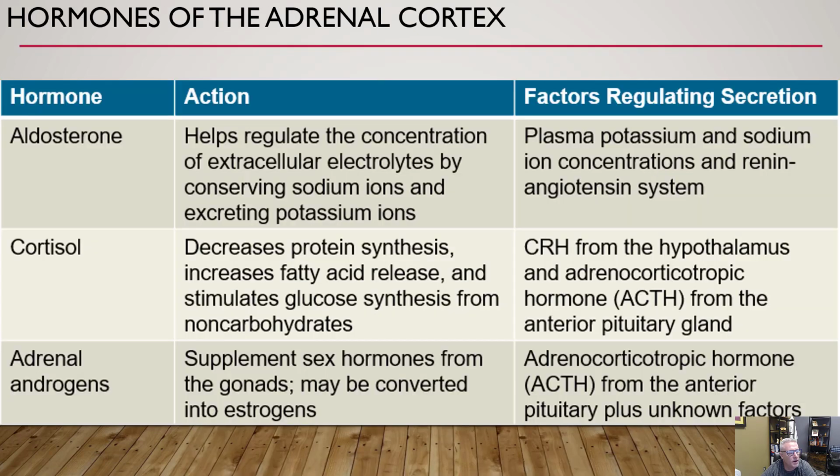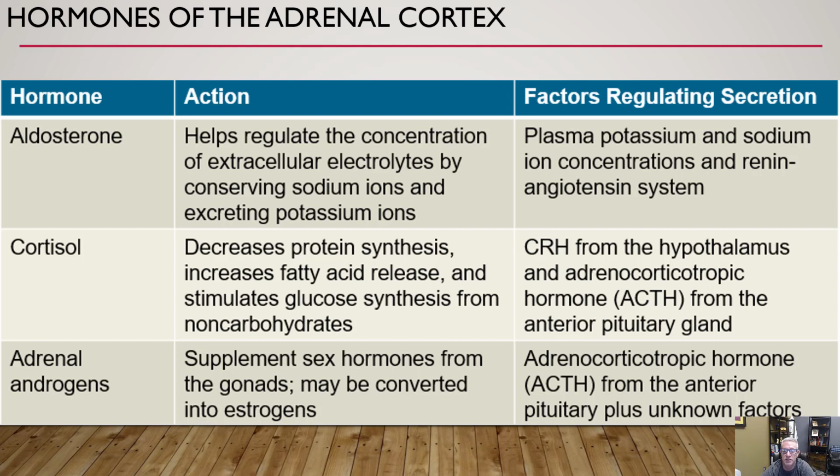All right, summary slide of aldosterone, cortisol, and adrenal androgens. So fight or flight, what happens? Your body wants to protect itself. Cortisol is going to inhibit protein synthesis in various tissues, so it's going to increase the blood concentration of amino acids.